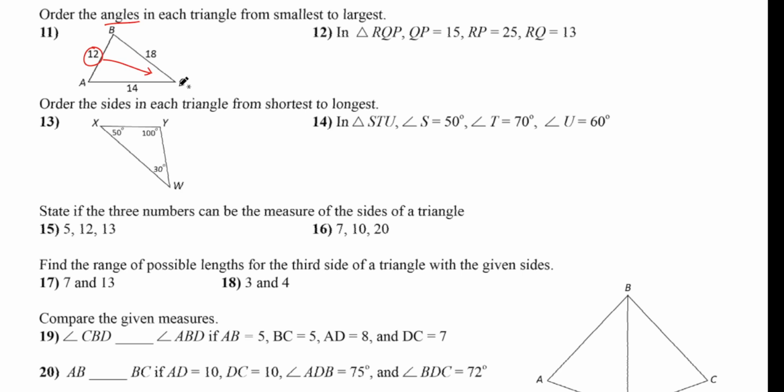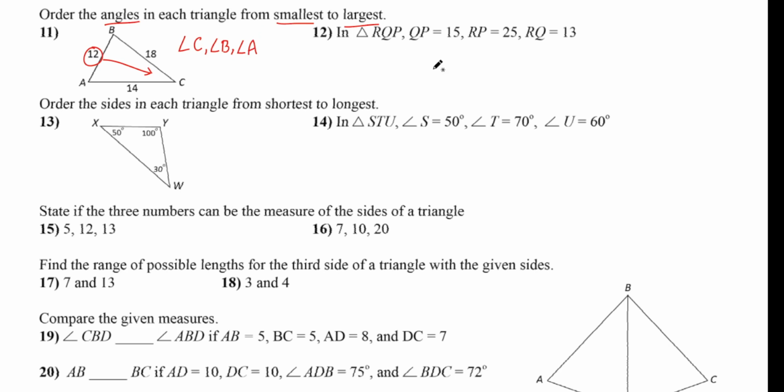So if this is the smallest side, again, we're putting it in order from smallest to largest. So what's the smallest angle here? Angle C. What's the largest angle then? Well, look and see what the largest side is. The largest side is 18, so what's the largest angle? A. So what's the one that's in the middle? B. So it's angle C, angle B, and what? Angle A.